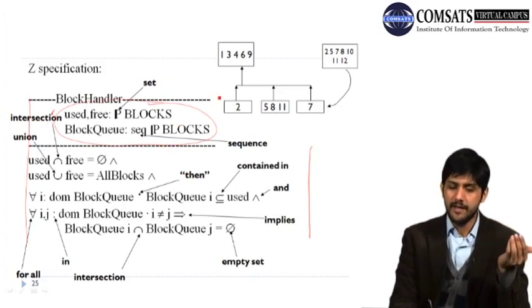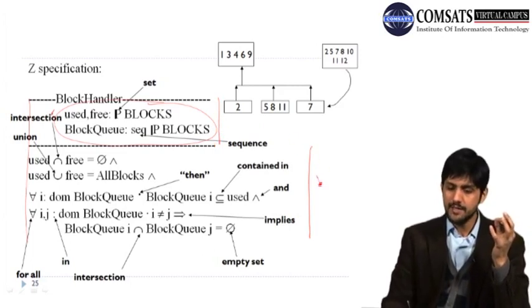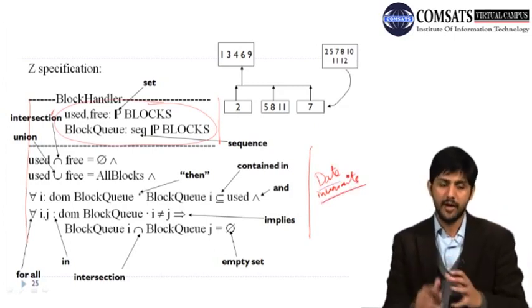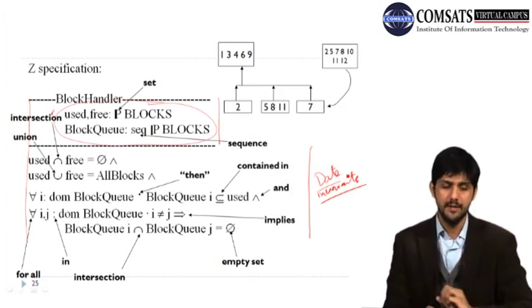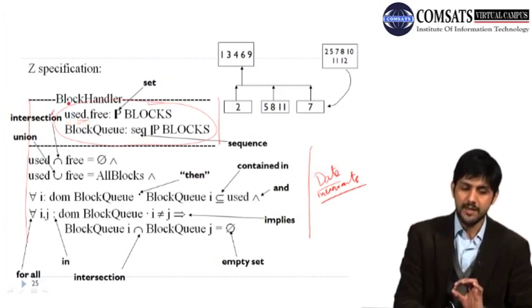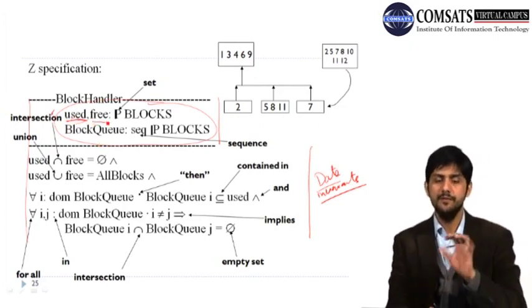I have my declarations here where I am defining the states, and this portion defines my data invariants, whenever I am writing the schema which represents the state of my block handler. I know that there are two sets in my system: the set of used blocks and the set of free blocks.